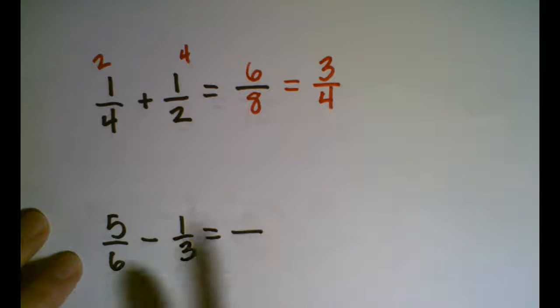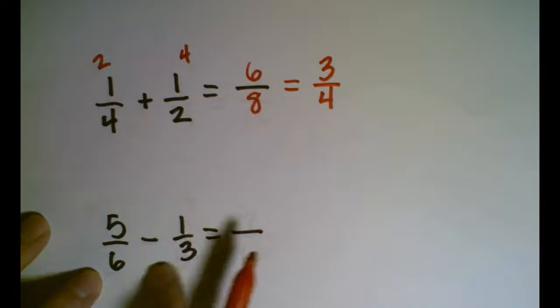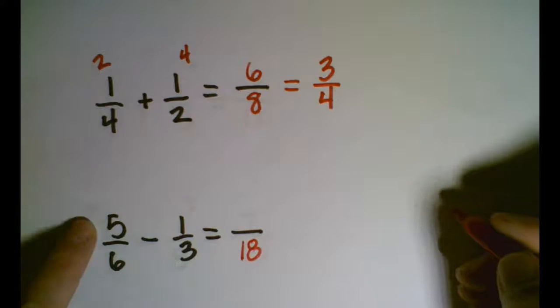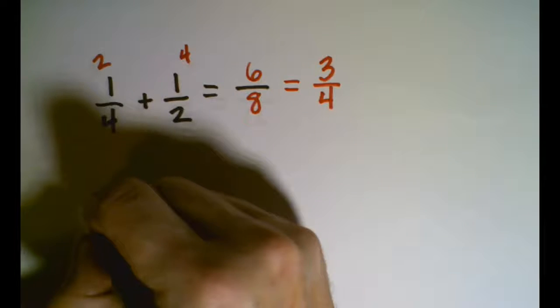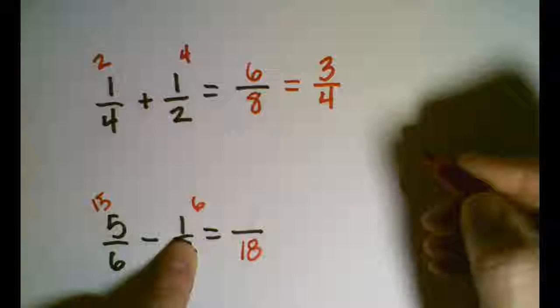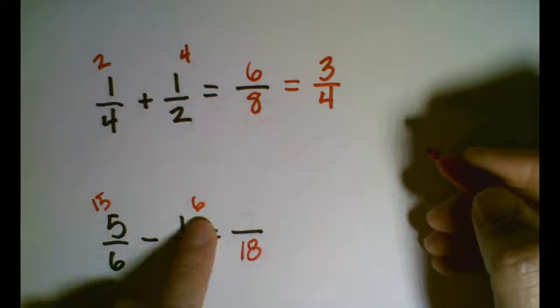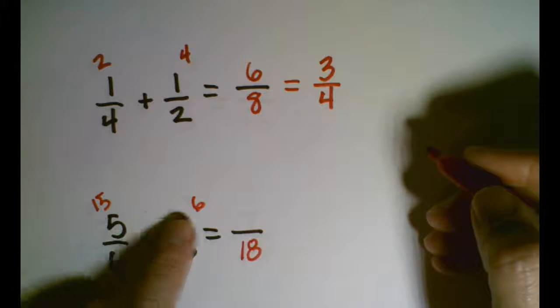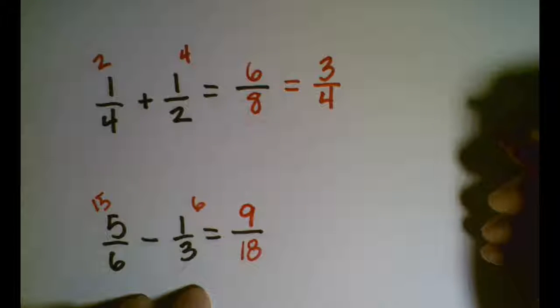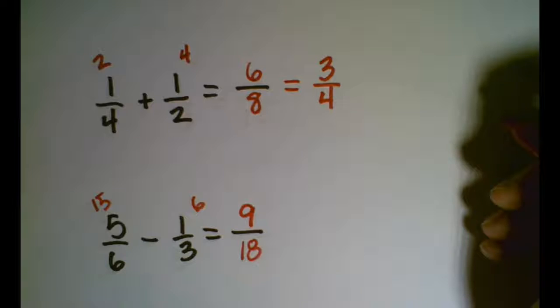One last problem. 6 times 3 is 18. Cross multiply. 3 times 5 is 15. 6 times 1 is 6. Step 3, subtract. 15 minus 6 is 9. And again, step 4 in this case is necessary because that is not in its simplest form.